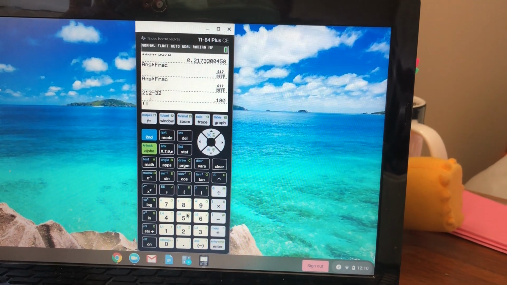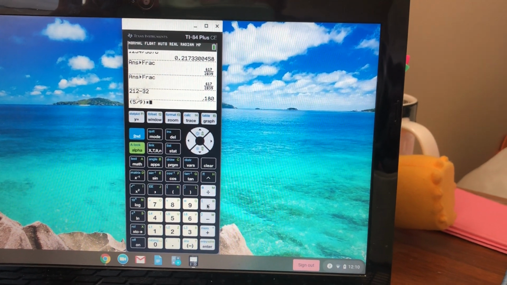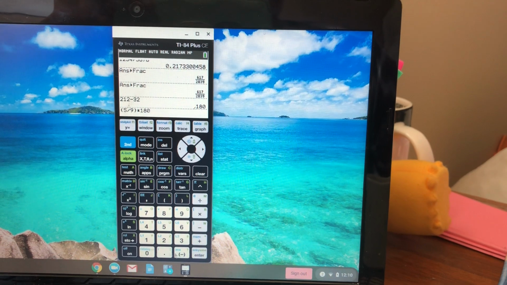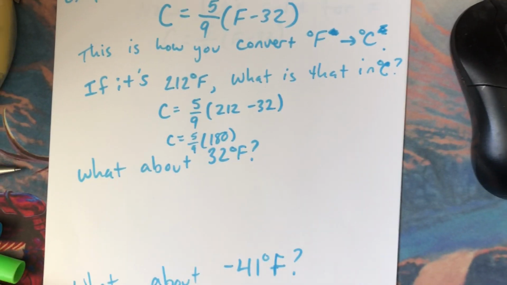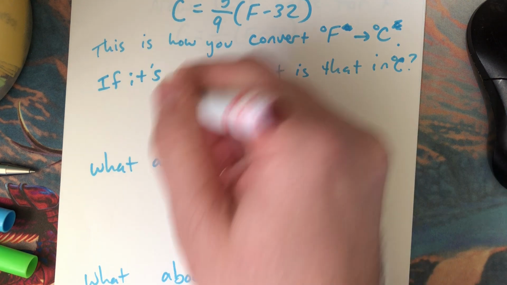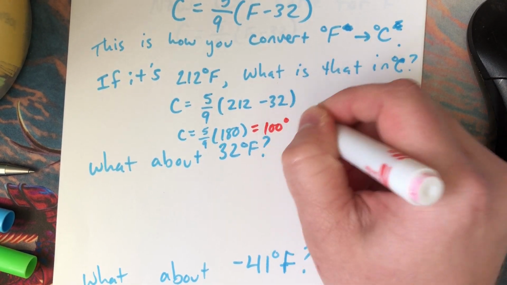You always want to put a fraction in parentheses. 5/9, like that. So if I'm doing 5/9 times 180, I get 100. So in case you did not know, 212 degrees Fahrenheit is 100 degrees Celsius.